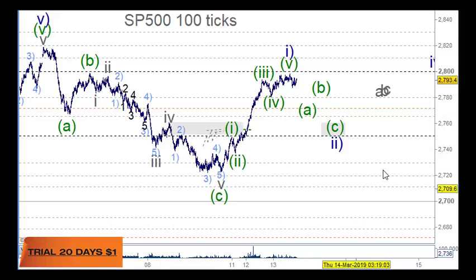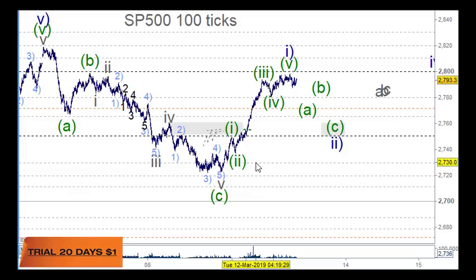Even if it was some other type of correction, it would still be making new highs at some point, because this is in 3 waves, so that's bullish corrective. But because this is pretty clean and tidy going up as 5 waves, all we need to do now is wait for or trade lower, selling new lows on this one.